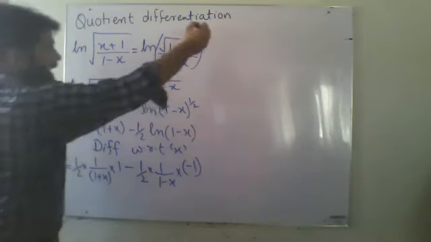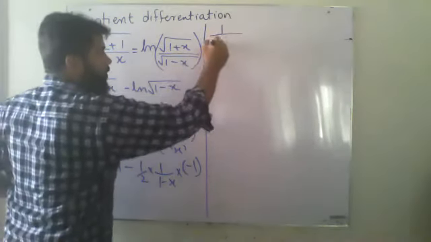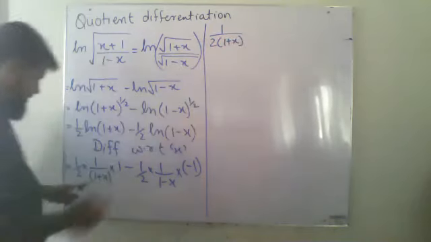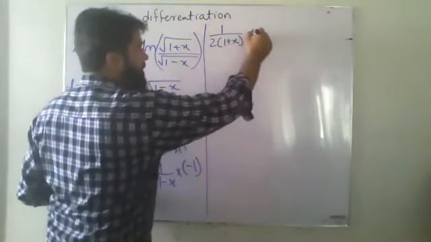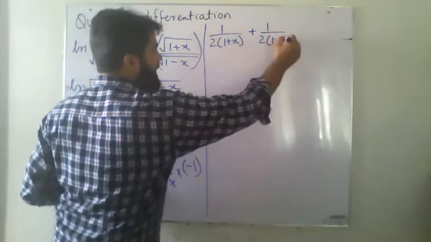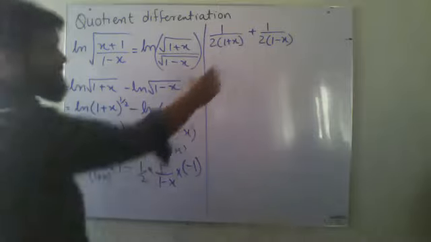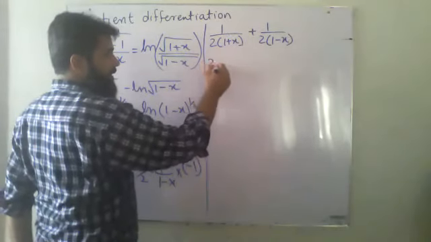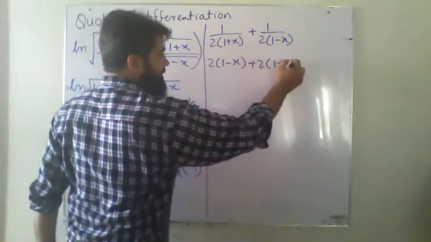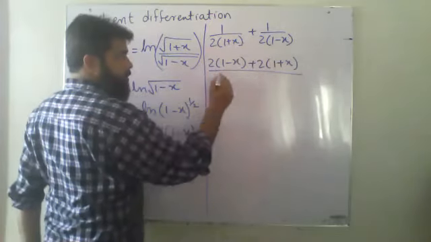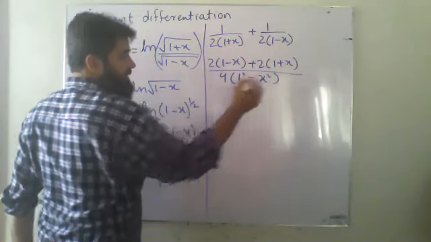Okay, so when I will simplify it further, what will happen? This will become 1 over 2(1 plus x). That's it. Minus minus will become plus 1 over 2(1 minus x). Okay, simplifying, taking LCM, this multiplied by 2(1 minus x), this multiplied by 2(1 plus x), over 2 twos are 4, (1 plus x)(1 minus x) will become 1 square minus x square.